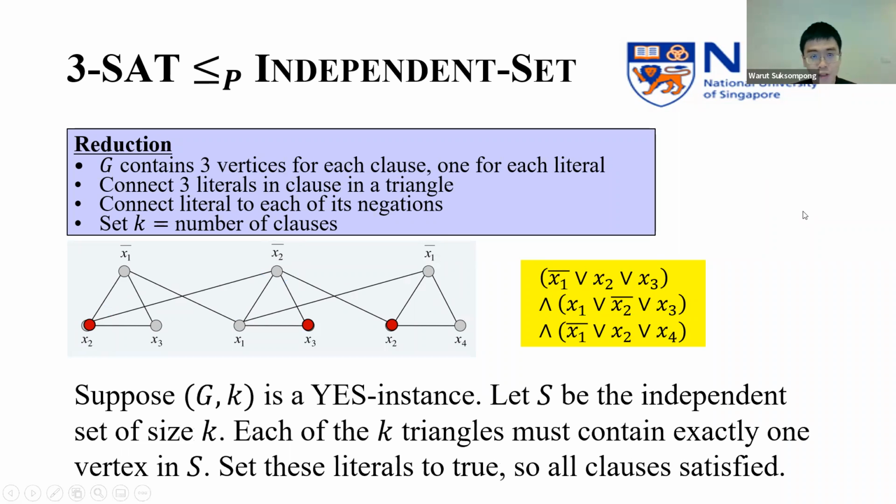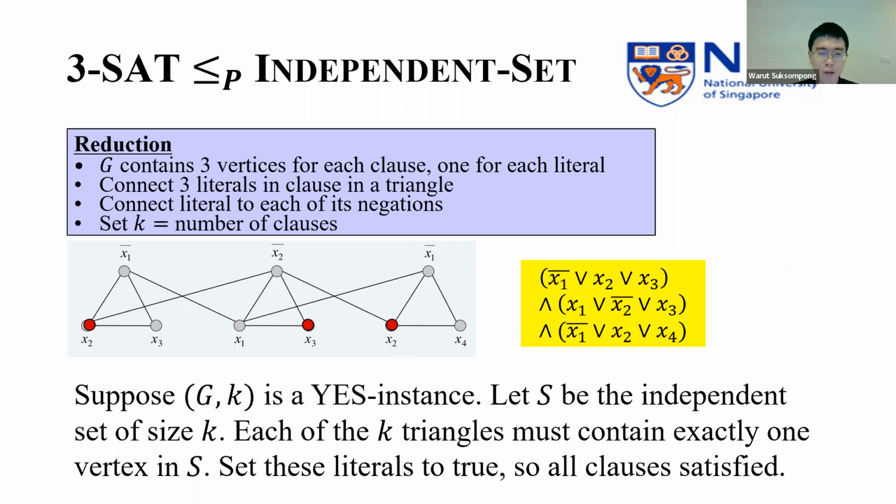Okay, the other direction. We have to show that if the instance of independent set is a yes instance, so that means that there are k vertices that form an independent set, then the original instance of 3SAT is also a yes instance. The reasoning is similar. Suppose it's a yes instance, we can choose k vertices, no two of which are connected. First of all, all these k vertices must belong to different triangles.